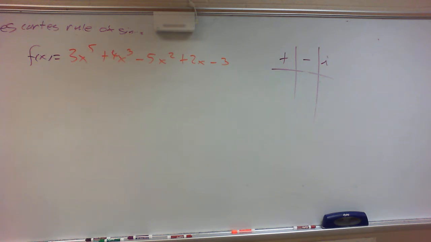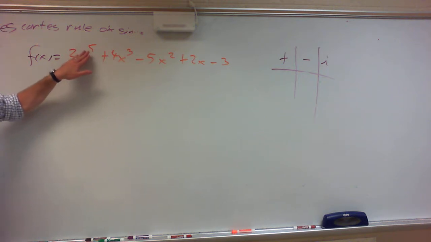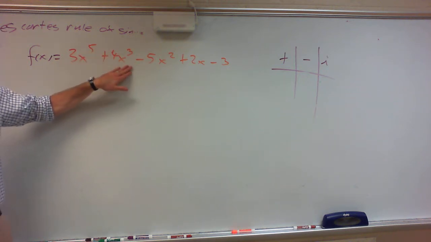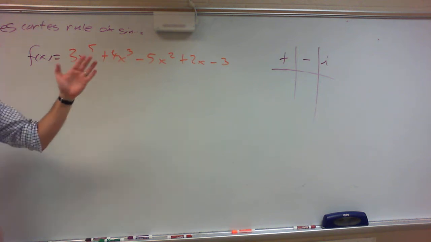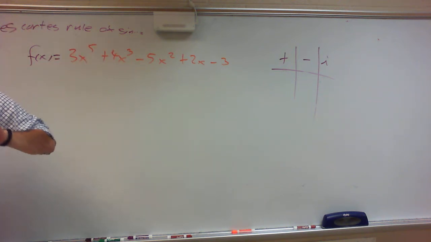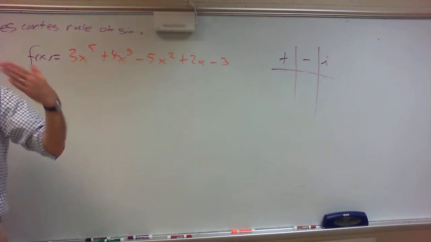So now we're going to go through and look for our sign changes. Notice I went from x to the 5th to x cubed. Doesn't matter. You don't have to have all the exponents. They just have to be in order, and we're going to look for sign changes.